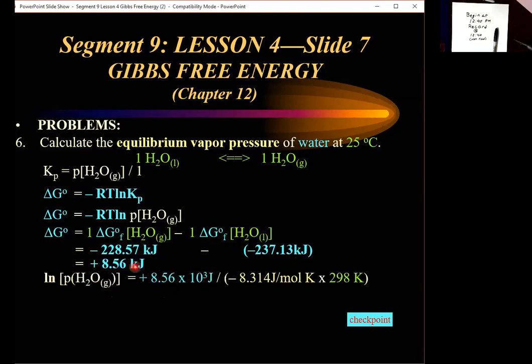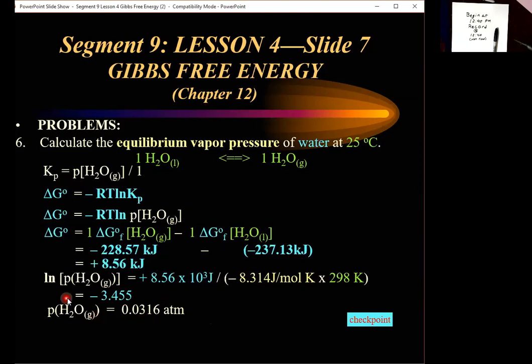Remember, you have to convert from kilojoules to joules, and we do that by replacing the k with what it's equal to, 10 to the third. I want to divide that by 8.314 times 298. That's the temperature we wanted the vapor pressure at. We get log of the vapor pressure is minus 3.25. That's going to be vapor pressure.